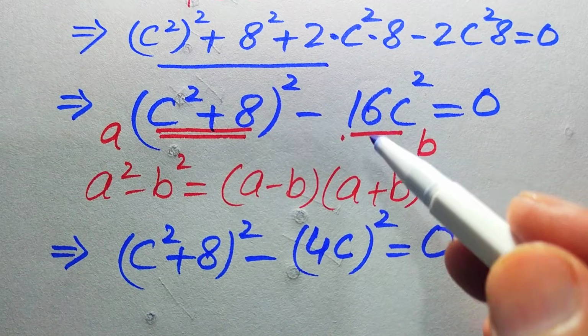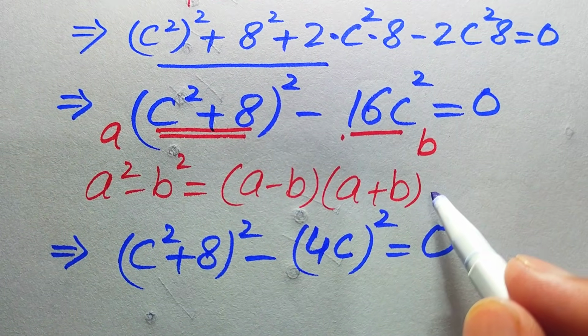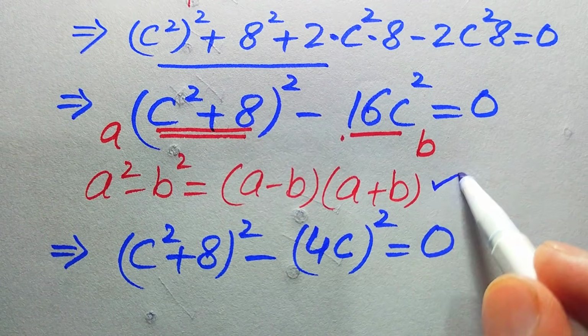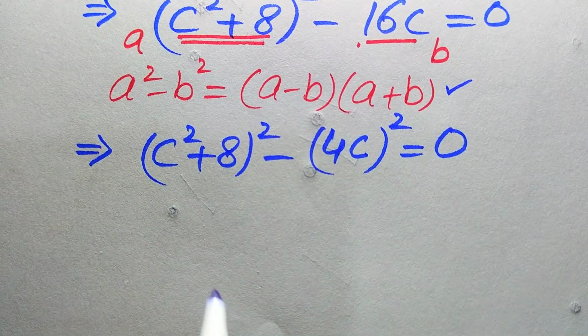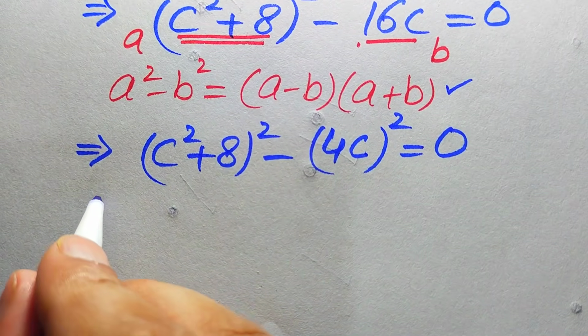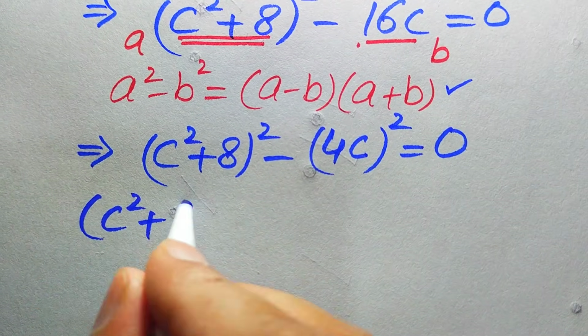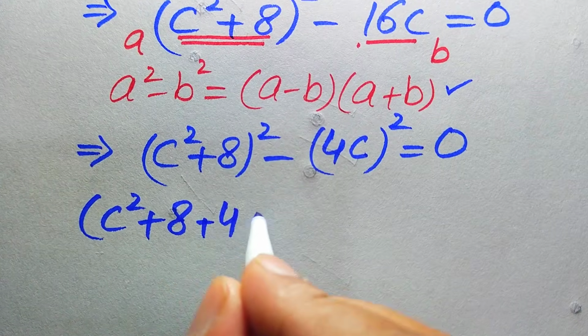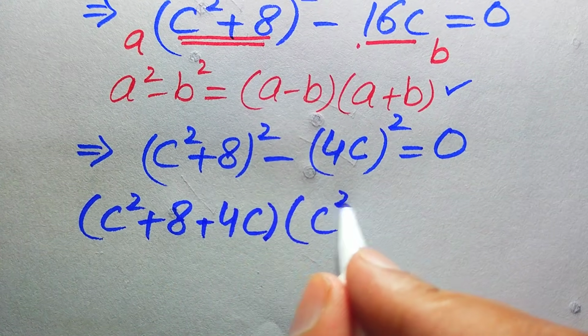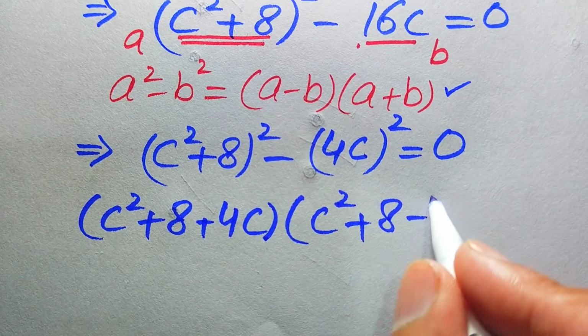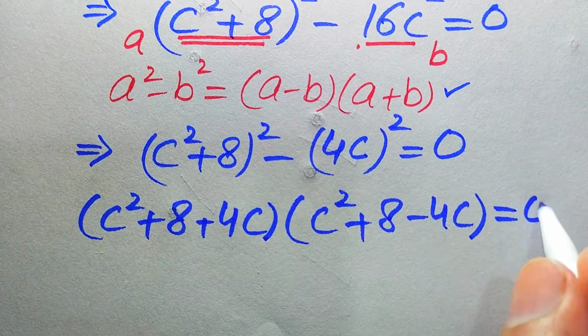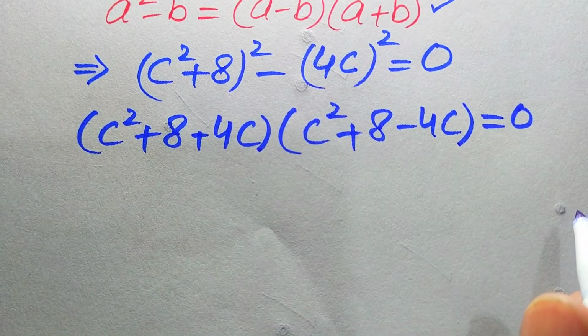Here we write this 16 as 4 square, and now we are ready to apply this formula. So in order to apply this formula to the above equation, it will be written as c square plus 8 plus 4c into c square plus 8 minus 4c, and this whole equation equals 0.